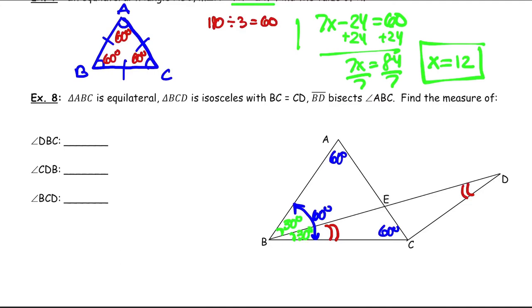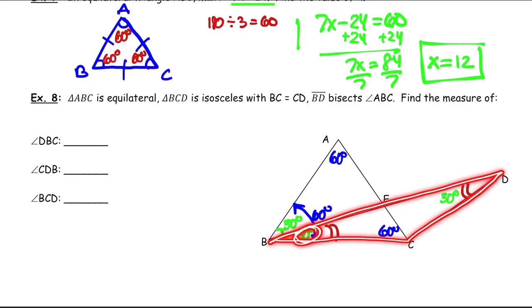Now remember, let's work our way around the figures, kind of like that puzzle problem we did in day 2. Notice, these two angles are also equal. So if this one here is 30, that one there's got to be 30. All right, well, let's keep working our way around the figure. Notice now, here's a triangle.